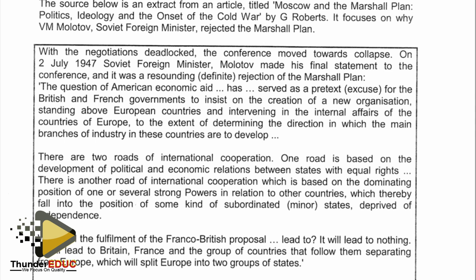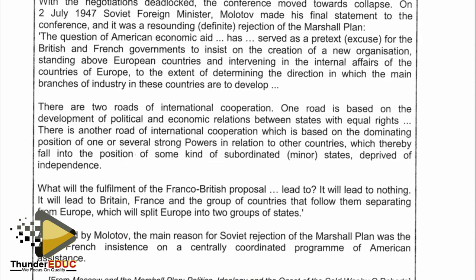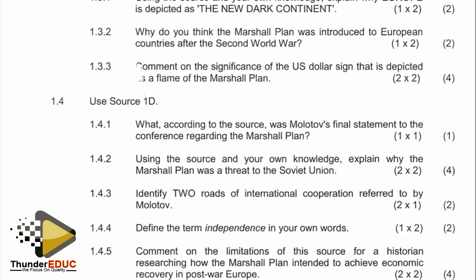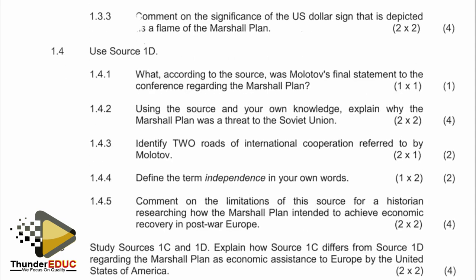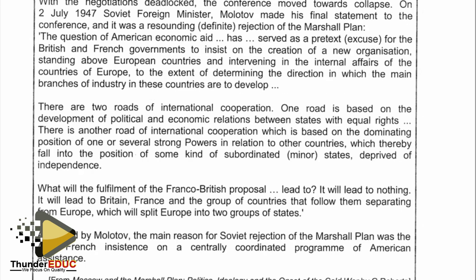So this is an extract from the foreign minister of the USSR, who also rejected the Marshall Plan. Right. The question is saying, what according to the source was Molotov's final statement to the conference regarding the Marshall Plan? What was his final statement?